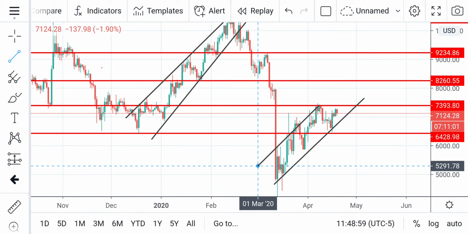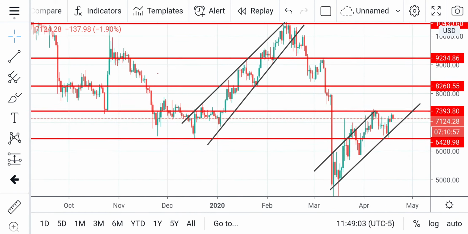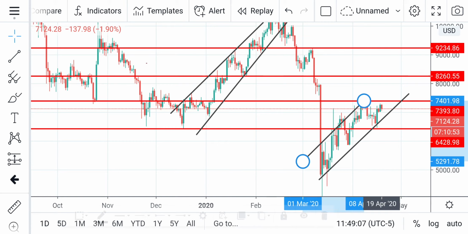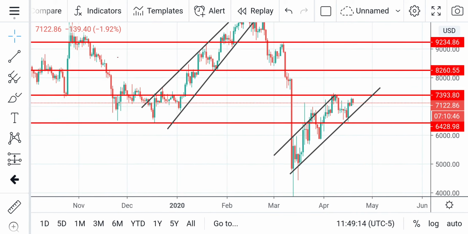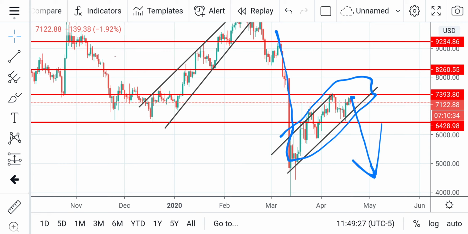I'm just trying to use it to give you an example. You can see this is an uptrend. You can call this an ascending channel, and if you look at this properly, it looks like a bear flag. Can you see it? So potentially price is going to break down from this.